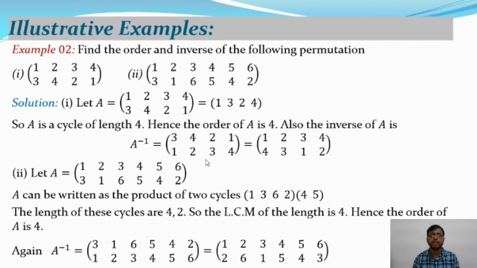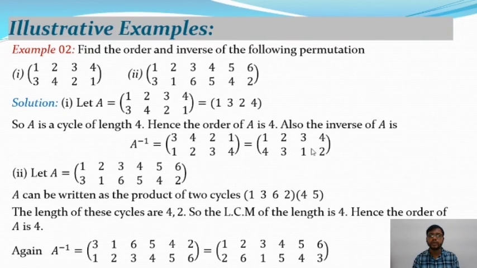This is the inverse of the permutation A. And now rearranging the elements, the first row will give 1 goes to 4, 2 goes to 3, 3 goes to 1, and 4 goes to 2. So these two are the permutations, and they are the same.